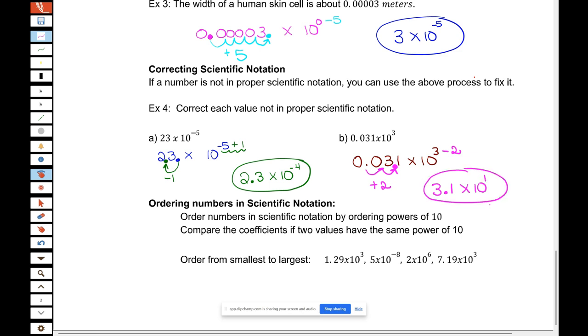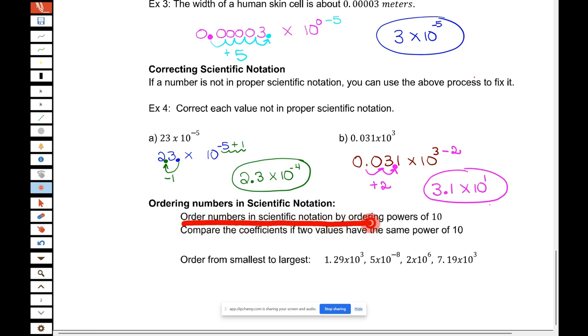It is possible to have a decimal in scientific notation with a 0 power if you don't need to move it at all. All right, last problem, and then we are all done with writing numbers in scientific notation. We're going to talk about ordering numbers in scientific notation.